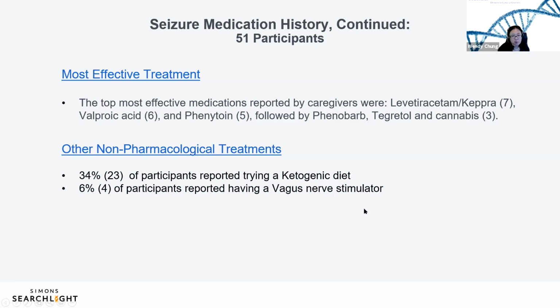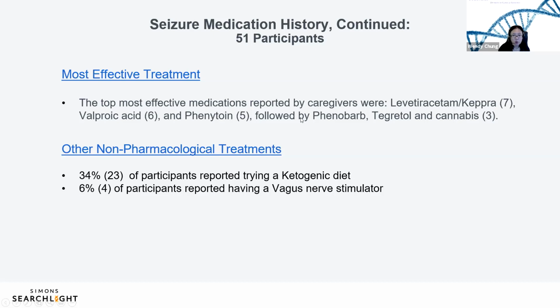We've also had some individuals use non-medicines. That is a ketogenic diet, a specific type of diet where you don't have any sugar in the diet, or other individuals have used a vagus nerve stimulator. In general, though, I would say that most individuals have found the medications to be effective.